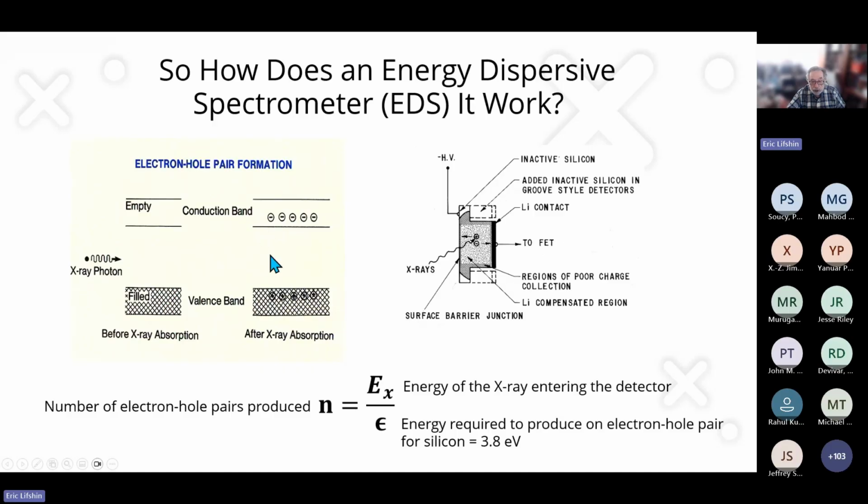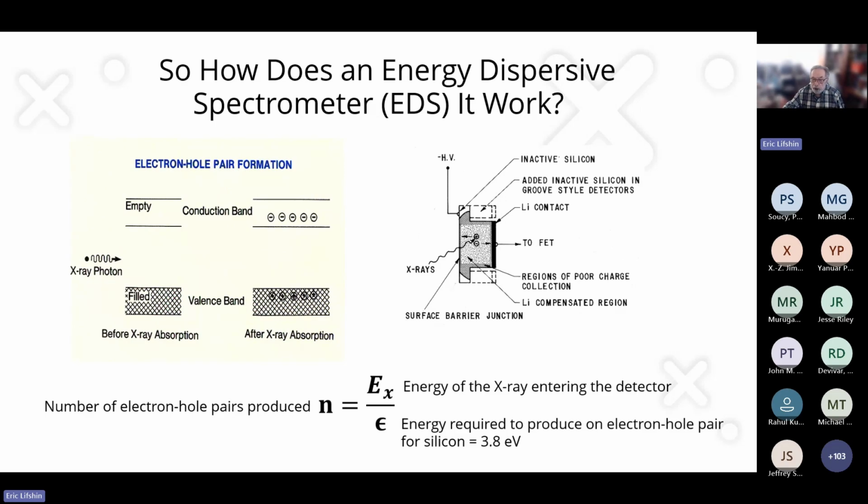So we have a certain number, n, of electron hole pairs, and that number is equal to the energy of the X-ray divided by about 3.8 eV. For silicon, it's larger than the band gap, but silicon is an indirect band gap semiconductor. You can see, for example, if my energy is 8 kilovolts, which would be copper, and we say this is roughly 4 eV, then we would produce about 2,000 electron hole pairs.